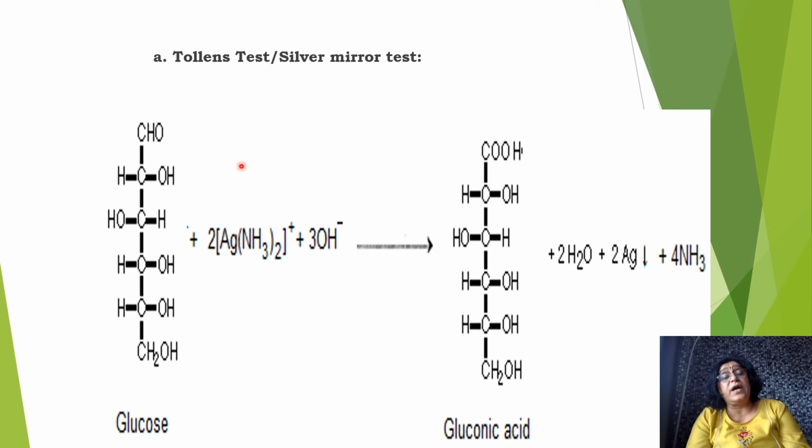So you take glucose, add Tollens reagent to it, and this silver compound gets reduced to a silver mirror. This test is given by aldehydes, and it depicts the reducing nature of a compound.